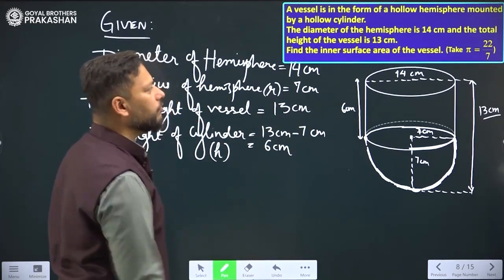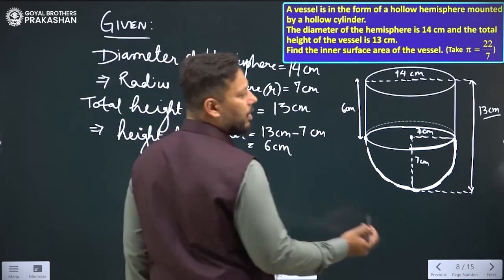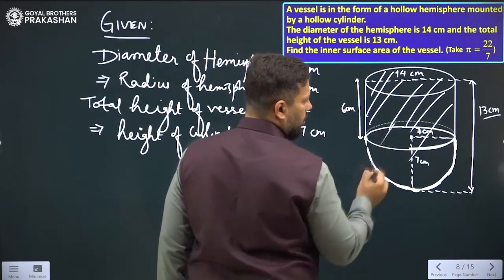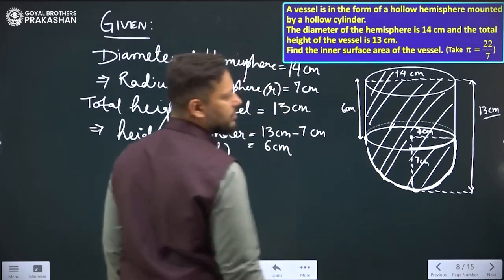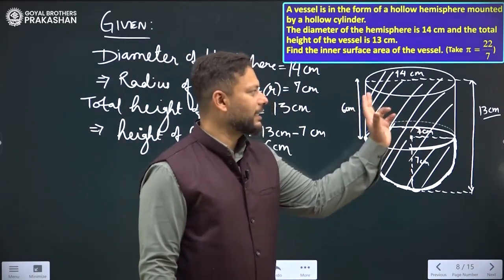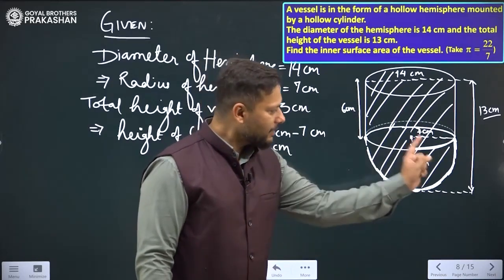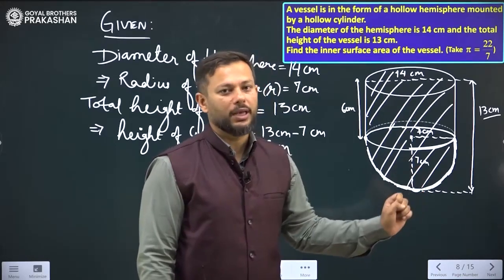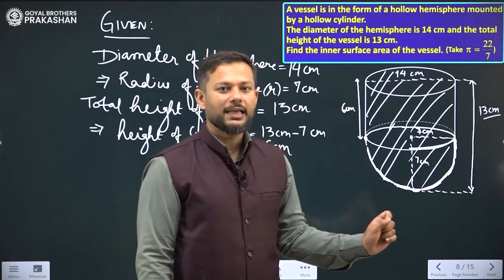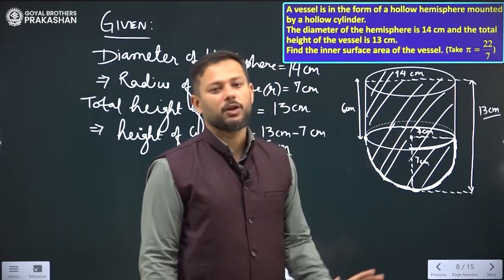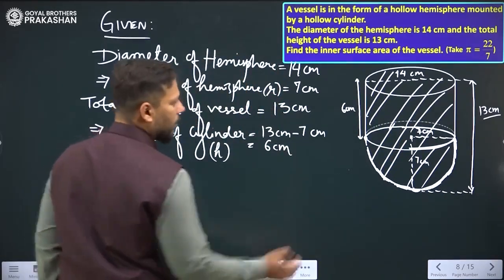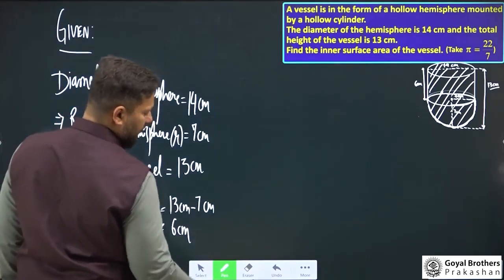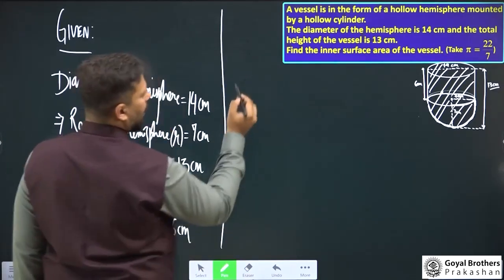Now, since we need to find out the inner surface area of the vessel, what will be the inner surface area? The inner surface area will be this total portion, isn't it? So, to find this inner surface area, I need to find the CSA of this cylinder and the CSA of this hemisphere, and we need to find the sum of these two areas. When we get the sum of these two areas, that will be equal to the inner surface area of this vessel. So, let us find it out.